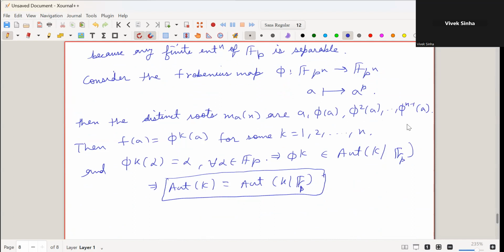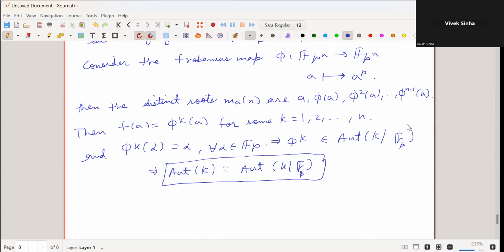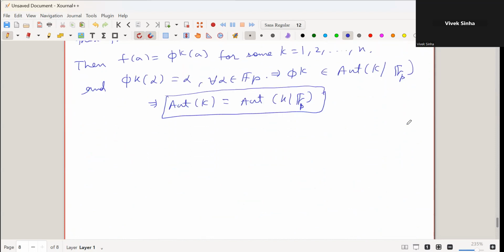We still have some time, so we can quickly start assignment number 6, I guess. I will not be revising the entire lecture notes in one go.